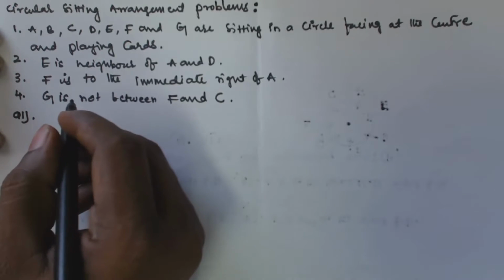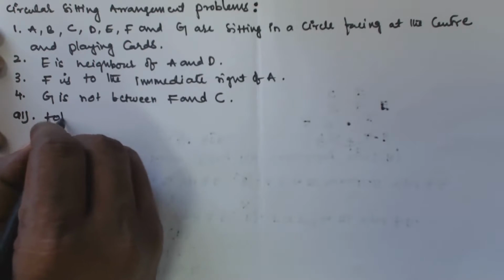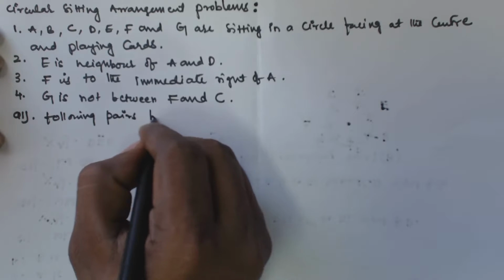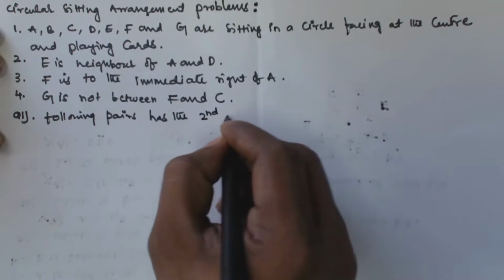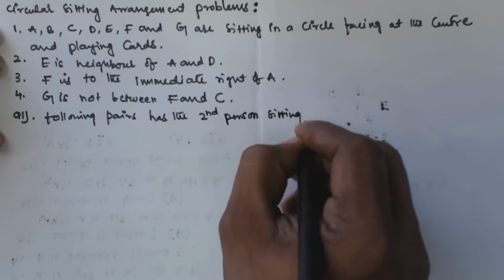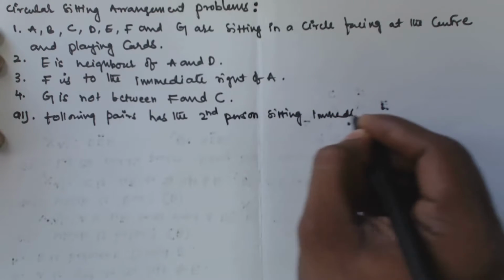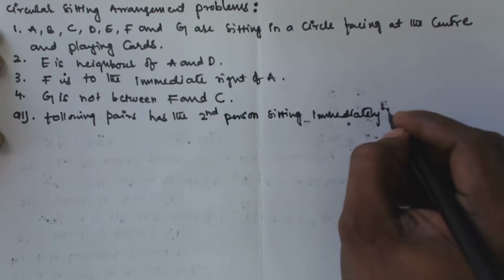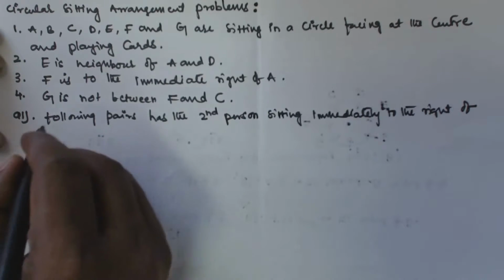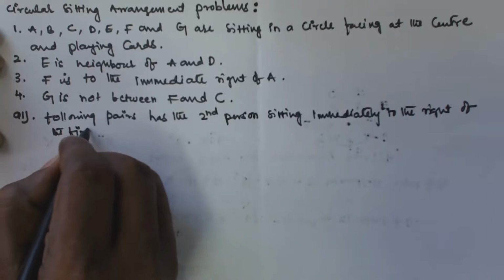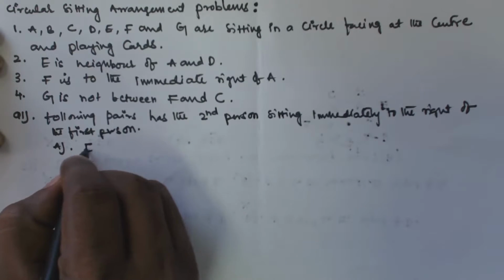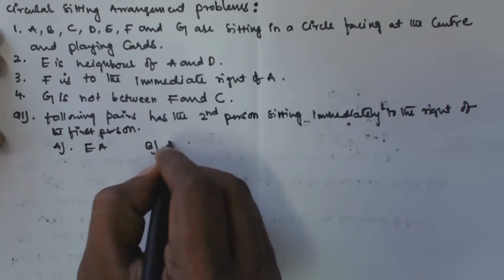Question one is: which of the following pairs has the second person sitting immediately to the right of the first person? Option A is EA and option B is DG.